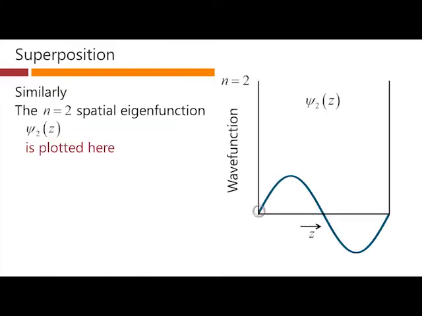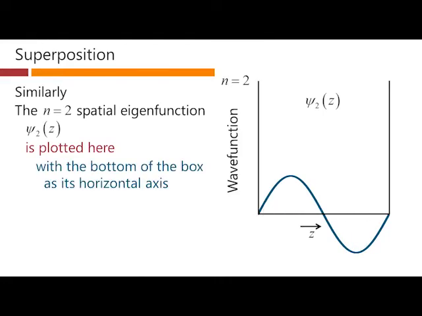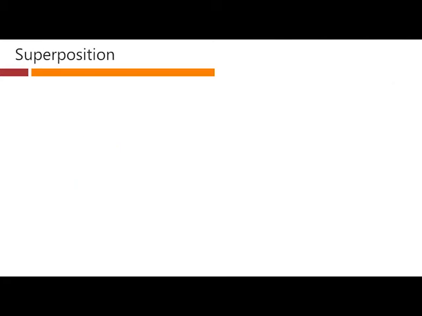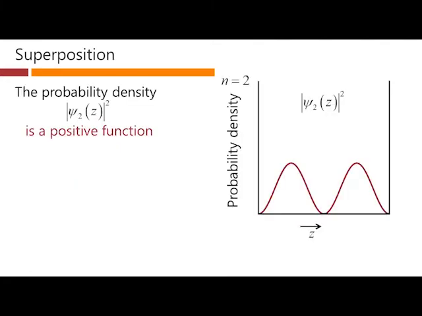Similarly, if we look at the second spatial wave function, again plotting with the bottom of the box as the horizontal axis for plotting our wave function, we get the form that we've seen before with the up and the down and the back again. And again, the probability density we can form here by taking the modulus squared. Of course, taking the modulus squared means we don't have anything negative anymore, and we see we've got 2 bumps here in our probability density.